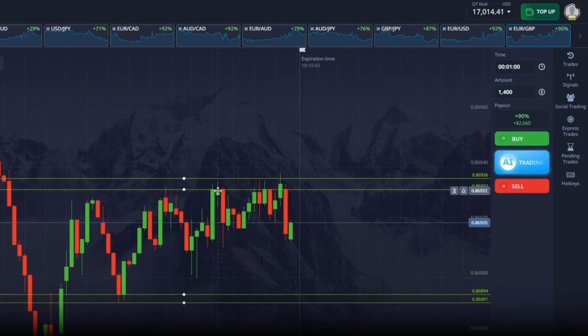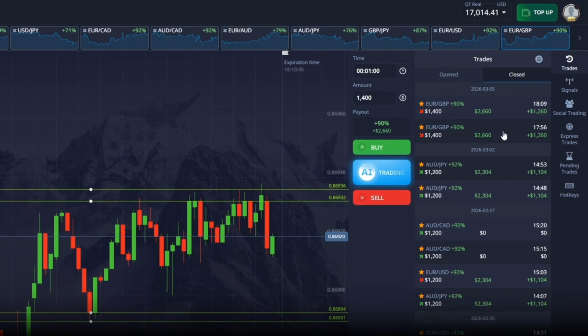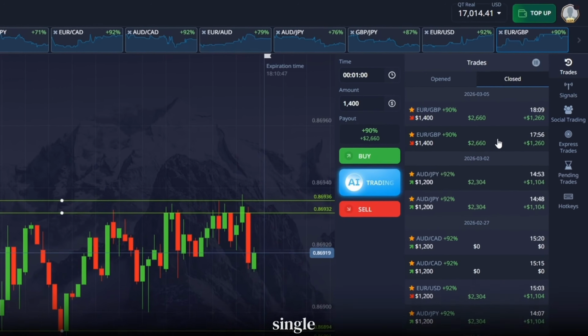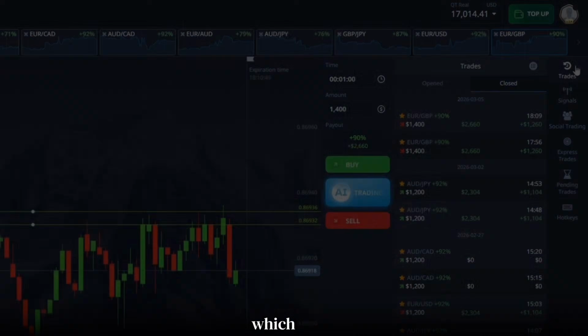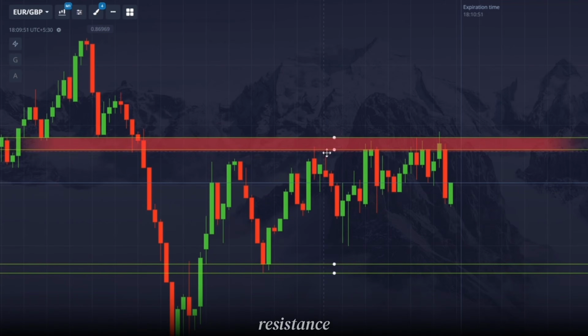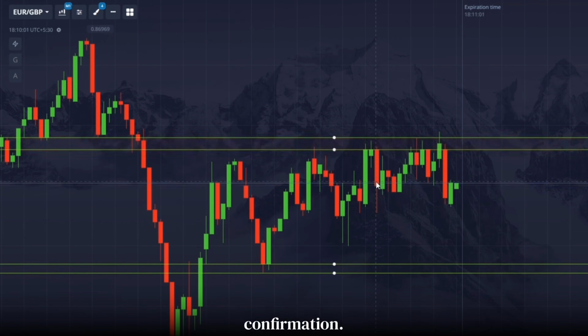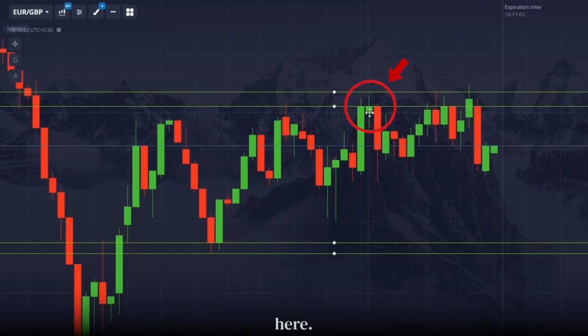So all in all, I took 2 trades today. Both are based upon a single trading strategy, in which price was trying to break a resistance zone. Price failed to break. The 1 minute candle closes below the resistance, and then I opened the 5-second chart to find selling confirmation. I found selling confirmation here, so I placed a trade. After that, the price reverses.